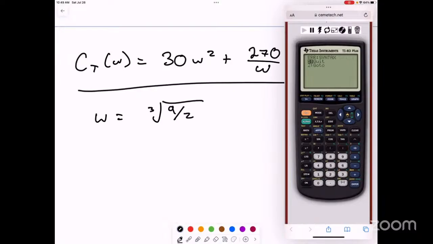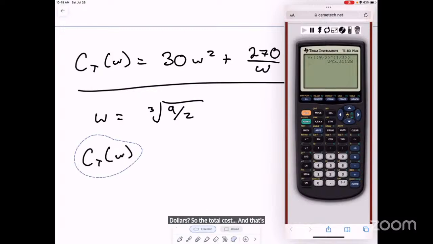The minimum cost, let's go to 9 over 2. Insert a 2. Dollars. So the total cost, and that's the minimum.